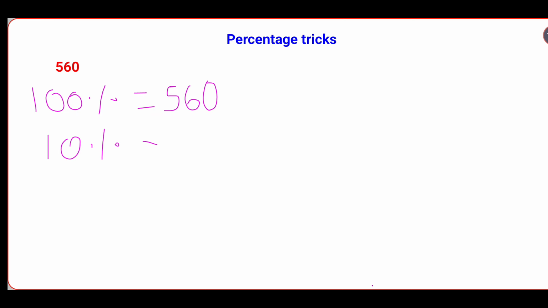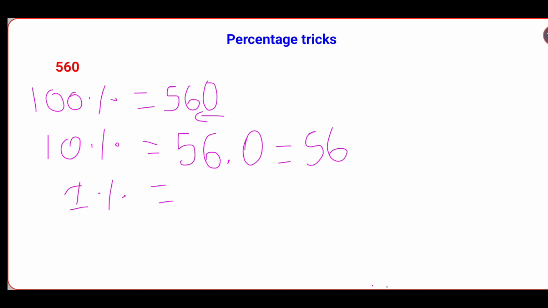No need to worry. Just move one digit from the right side. So 10% of 560 is 56.0, that is 56. Like that, what is 1% of 560? Move two digits from the right side, that is 5.60.